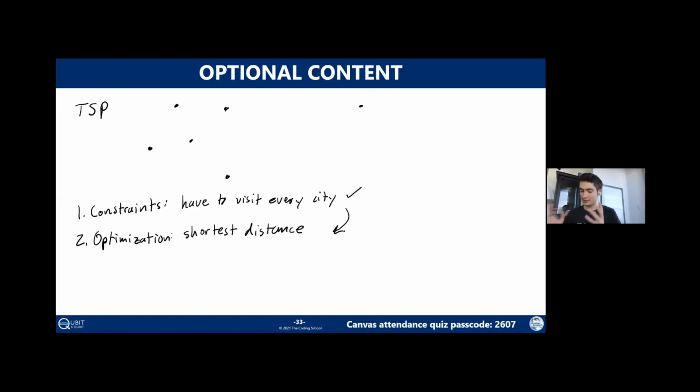Hopefully that breakdown makes sense. It's often nice to break down a big question like the traveling salesman problem into smaller chunks. So now we have the constraints to think about, and we also have the optimization to think about. One way you can implement this using Grover search is to implement the constraint using your oracle. Your oracle is going to take some quantum state representing a path.